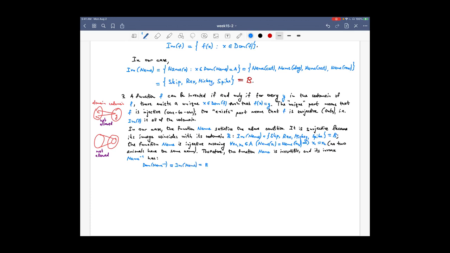That is the same as the set B, which we know again as Skip, Rex, Mikey, and Spike.